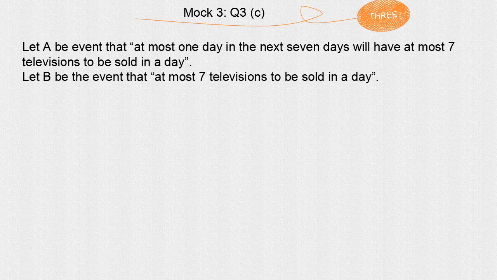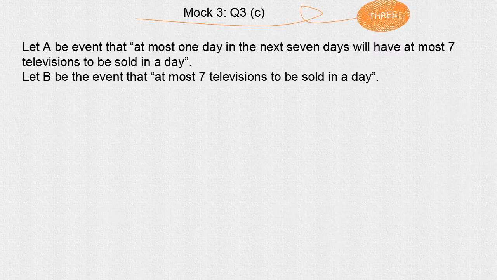Still, let's define the variables first. Let A be the event that at most one day in the next 7 days will have at most 7 televisions to be sold in a day. Let B be the event that at most 7 televisions are sold in a day.